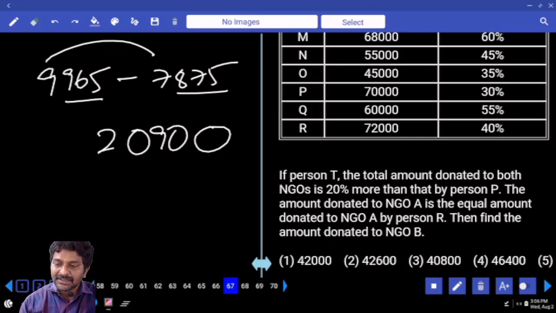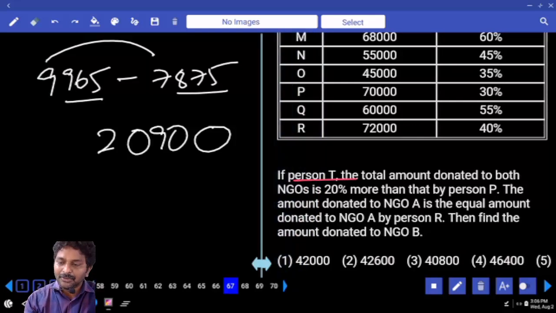If person T, the amount donated to both NGOs is 20% more than that of person P. The amount donated to NGO A is equal to the amount donated to NGO A by person R. Then find the amount donated to NGO B. Okay.